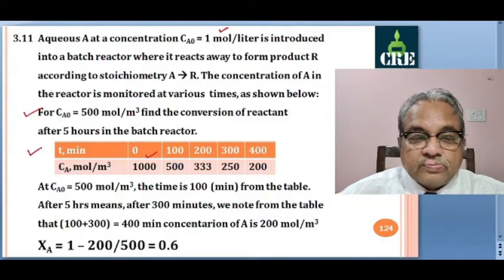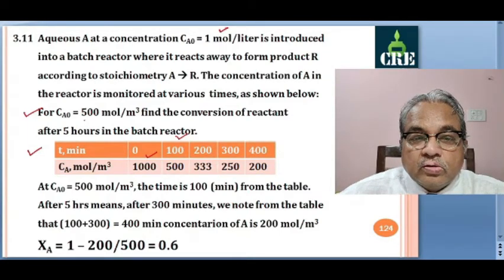After 5 hours. So at Ca0 is equal to 500, the time is, so data is with you, start Ca0 is equal to 1000 mole per meter cube, and you have this data with respect to time in minutes up to 400 minutes.